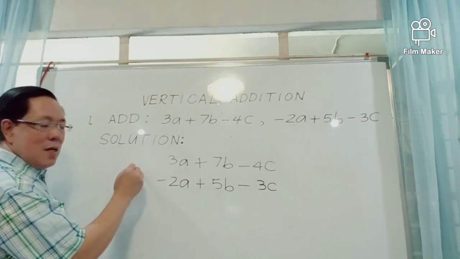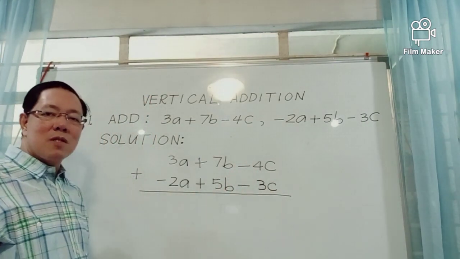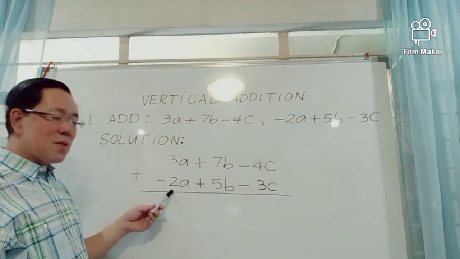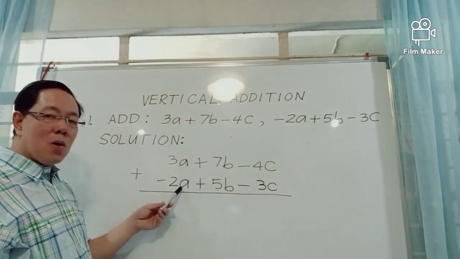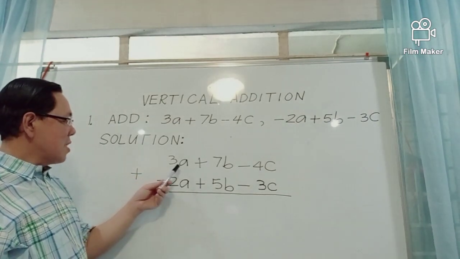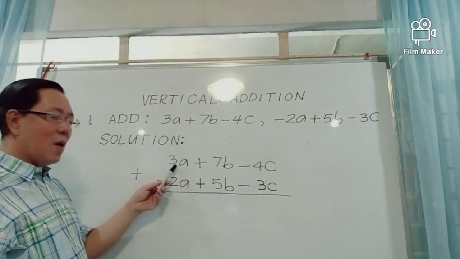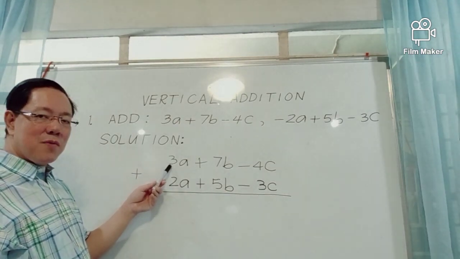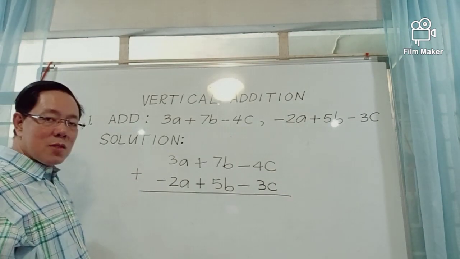And we perform addition to get the sum of these two trinomials or two algebraic expressions. When you add like terms, you simply add the numerical coefficients and copy the common literal coefficient. We start with the first column, 3a plus negative 2a. To get the sum, just add the numerical coefficients. 3 plus negative 2 is 1.